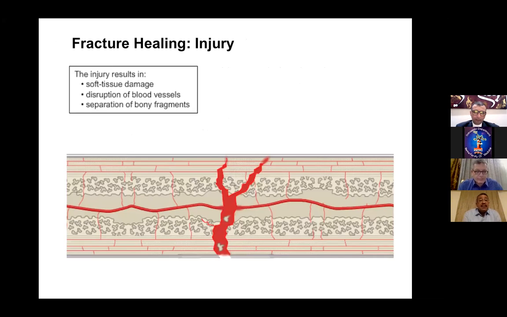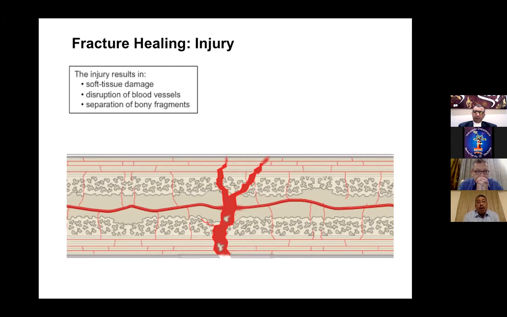What happens usually after trauma? The first insult after trauma is injury. And this is the first initiating mechanism for fracture healing. This injury results in soft tissue damage that should always be kept in mind.